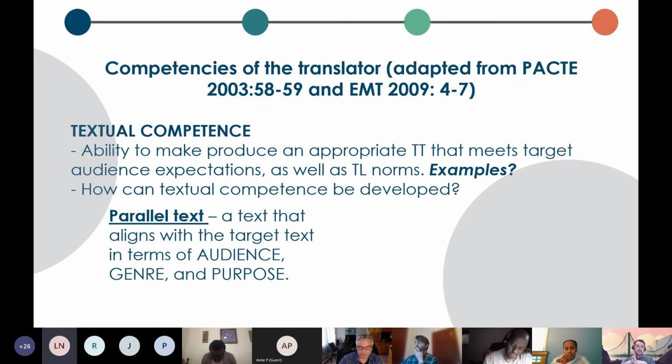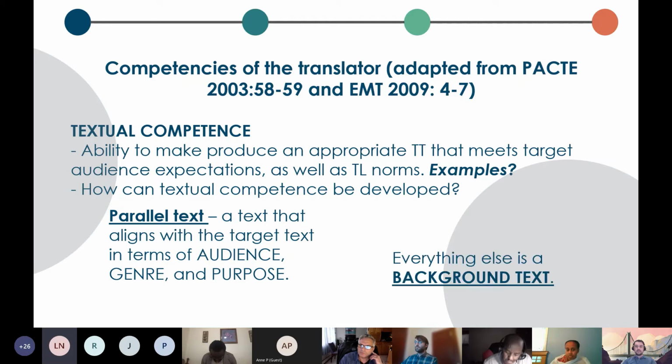Sometimes, let's say you are translating instructions for operating a machine, and that machine helps build cars. Well, maybe you can't find the same parallel text. You would consult what is called a background text so that you can get the terminology.